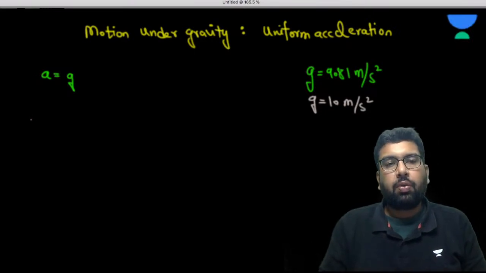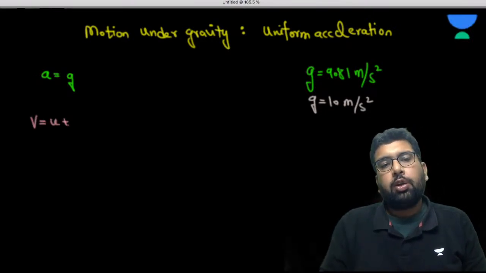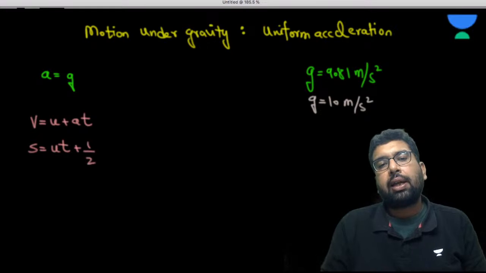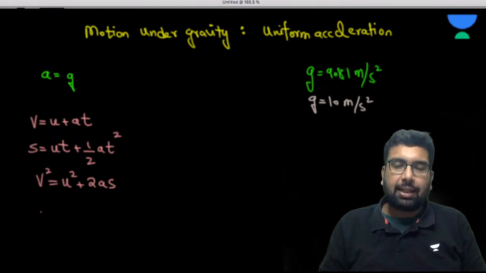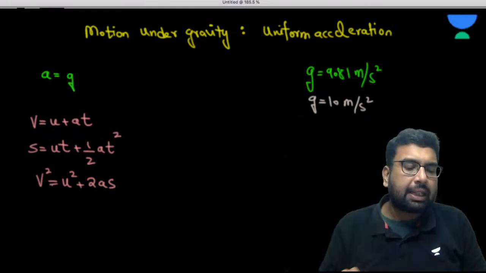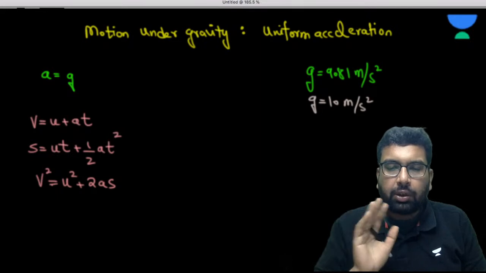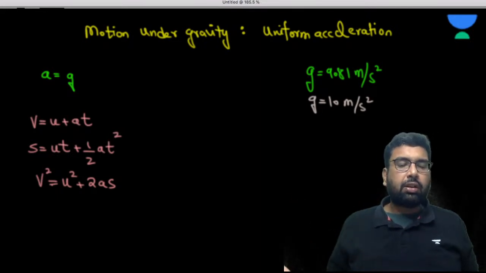So now v is equal to u plus at, s is equal to ut plus half a t square, v square is equal to u square plus 2as. So these are the equations. This is nothing new. This is the same equation that we use.